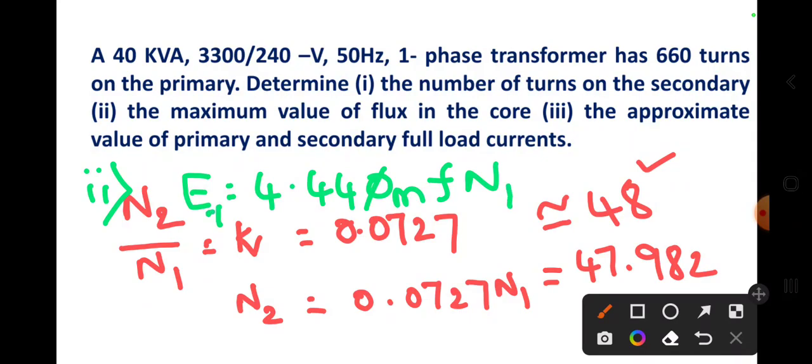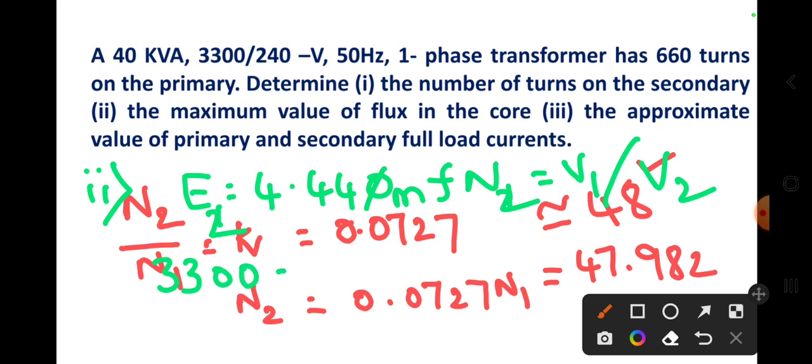If it is E2, this will be N2. And generally, as he said, approximate values are there, and he did not specify any resistance which is present in the transformer. Therefore, we can equate to either V1 or V2. If I take V1, then I can take N1. If I take V2, then I can take N2.